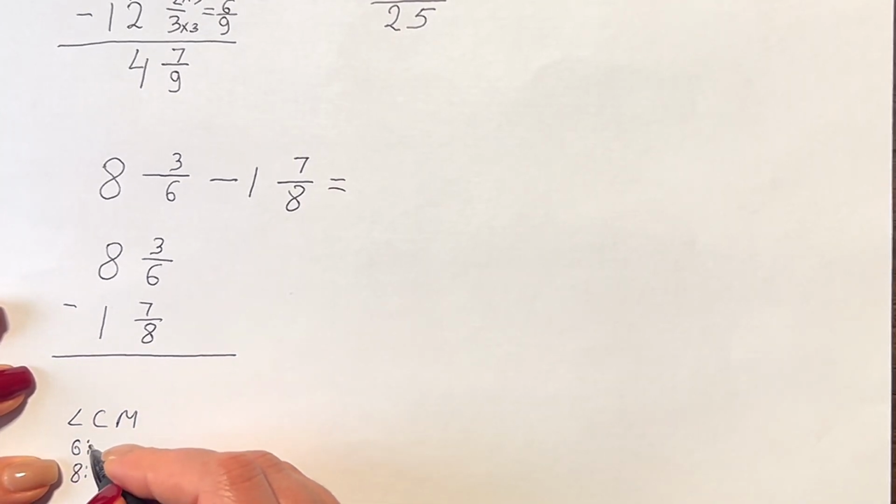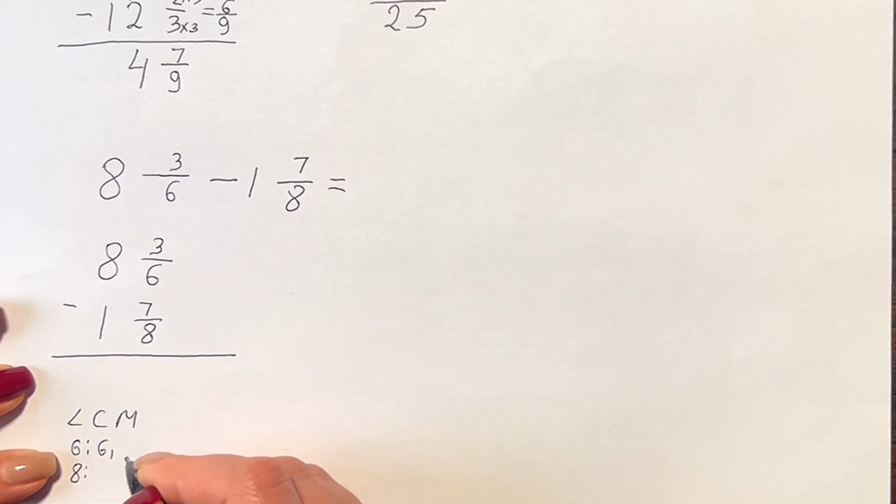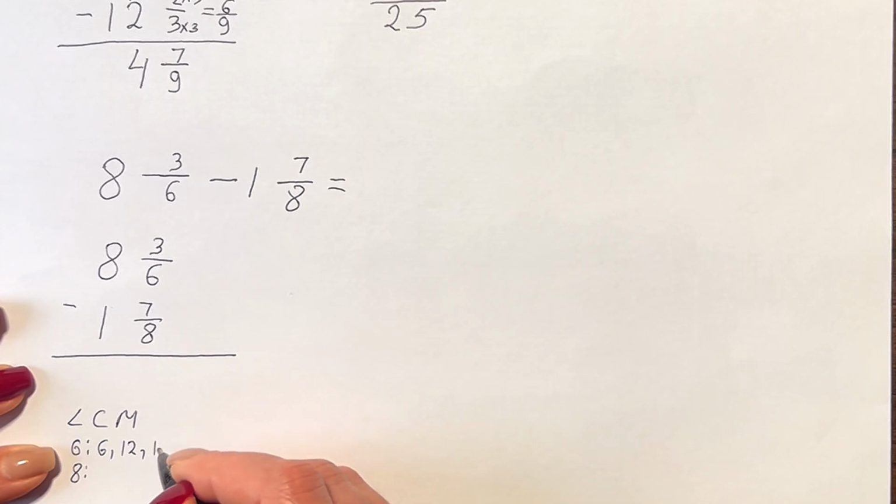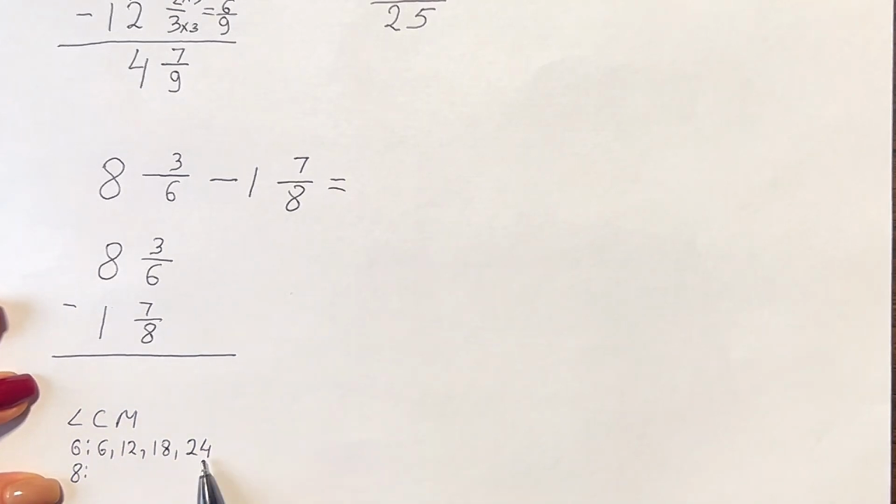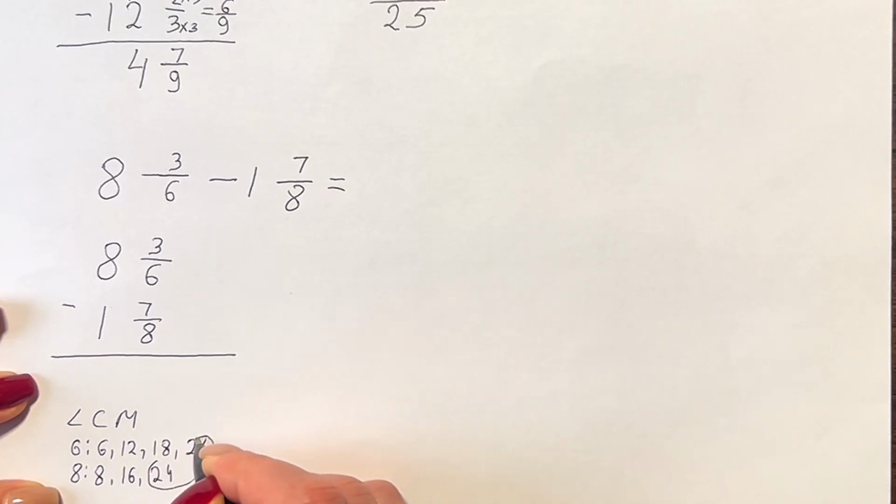So 6 times 1 is 6, 6 times 2 is 12, 6 times 3 is 18, 6 times 4 is 24. Okay, I'm gonna stop here because I know 24 is divisible by 8. 8 times 1 is 8, 8 times 2 is 16, 8 times 3 is 24. So the least common multiple of 6 and 8 is 24.